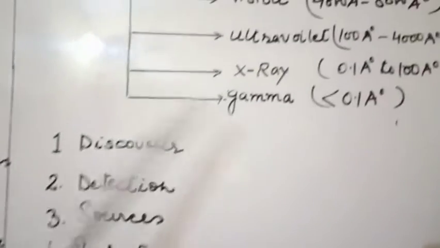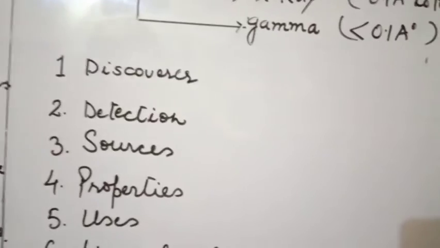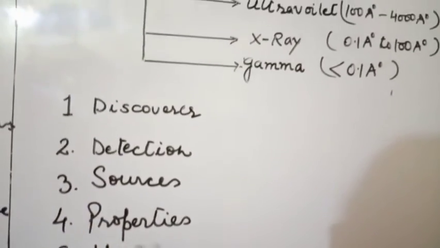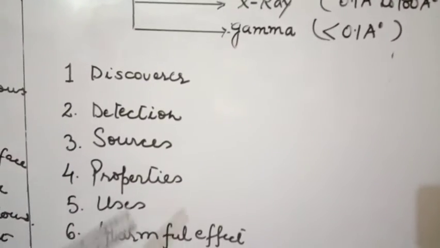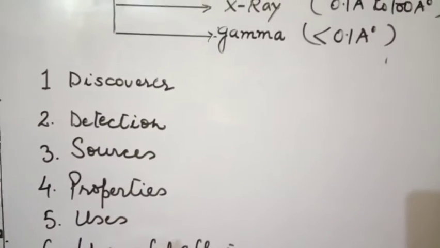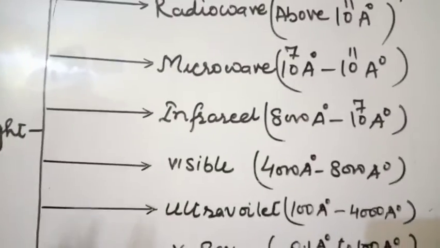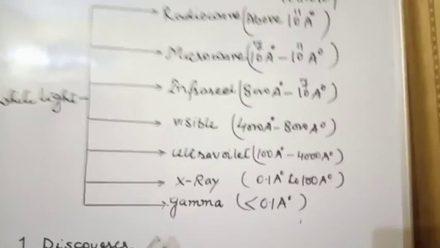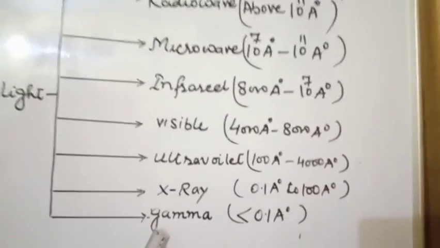Next is properties. Some common properties of all these: they always travel with the same speed, 3 into 10 raised to power 8 meter per second, they exhibit the phenomena of reflection as well as refraction, and they produce fluorescence. But some special properties: for gamma, penetration power is very strong.